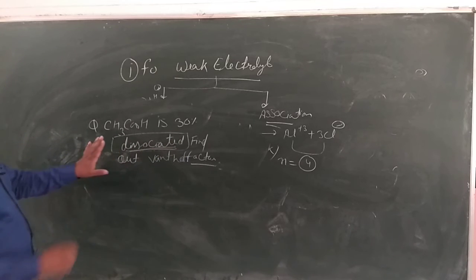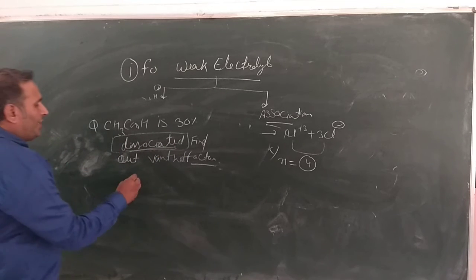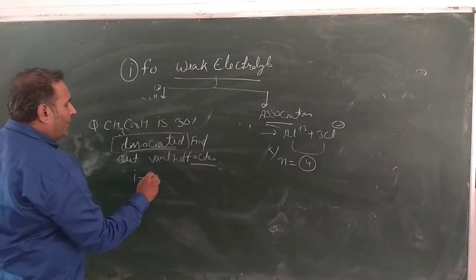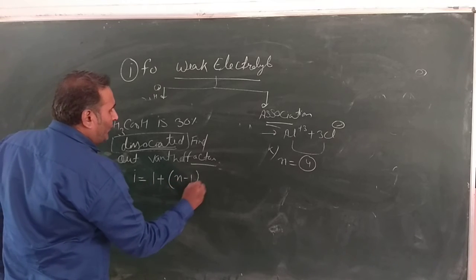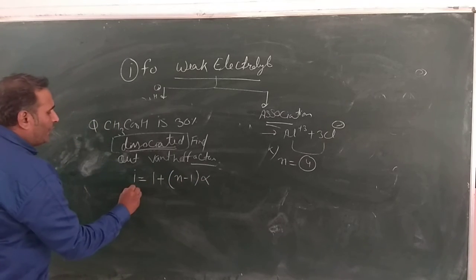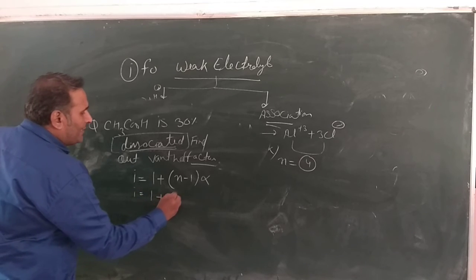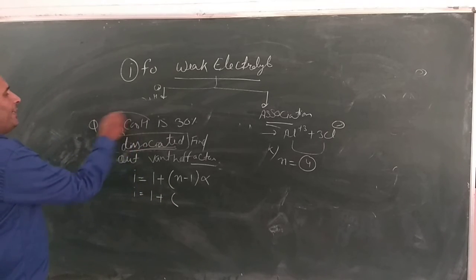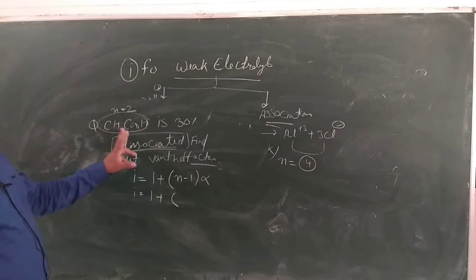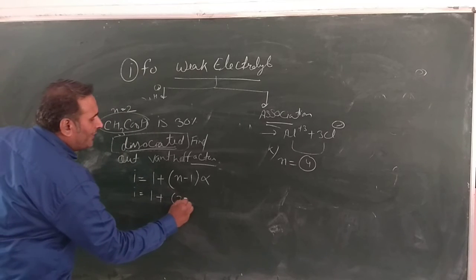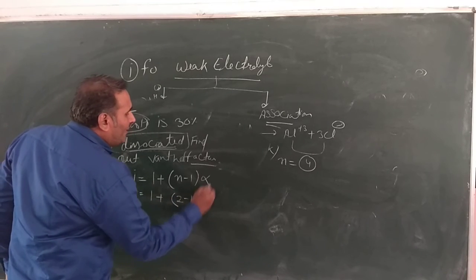We can observe that it is a dissociation case, and in the dissociation case we use the formula i is equal to 1 plus (n minus 1) into alpha. What is the value of n? Here the value of n is equal to 2 because it would dissociate into 2 ions. So that is 2 minus 1 into alpha.